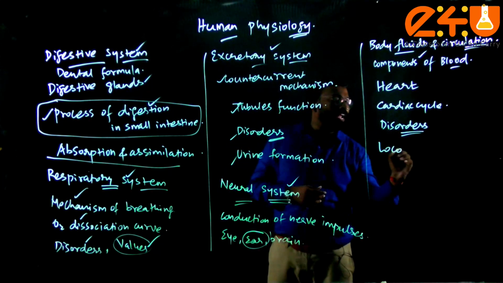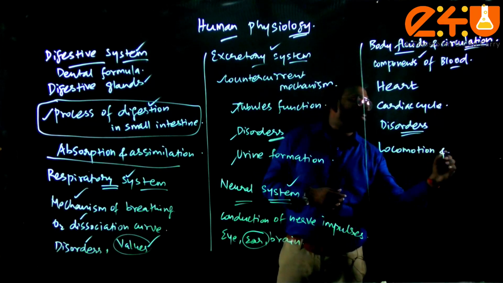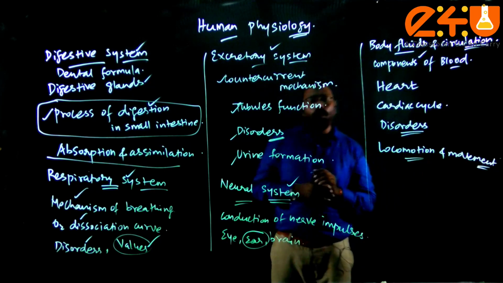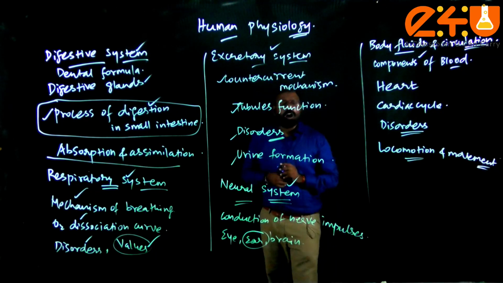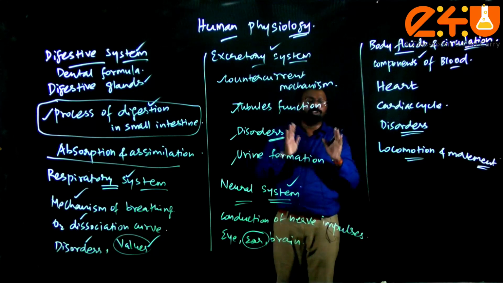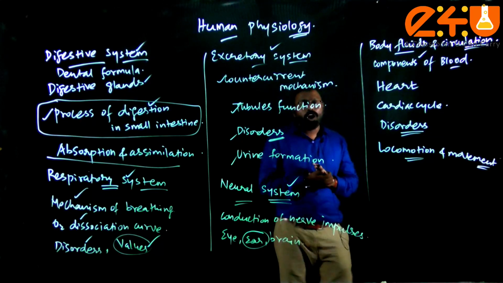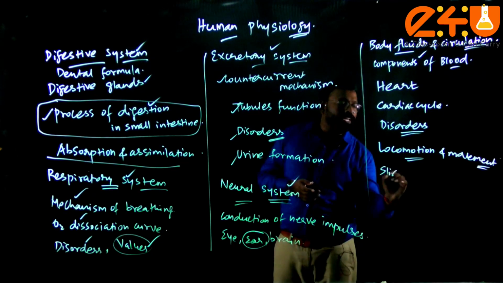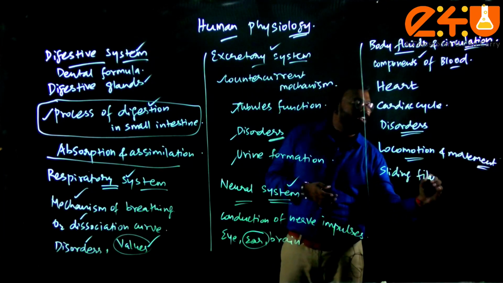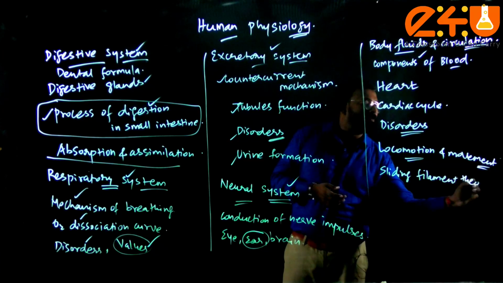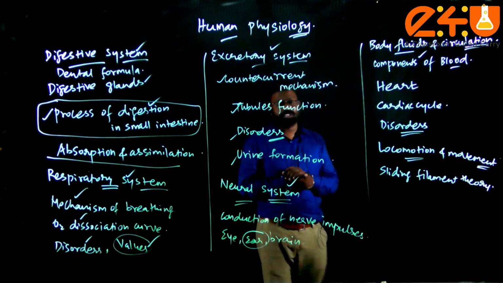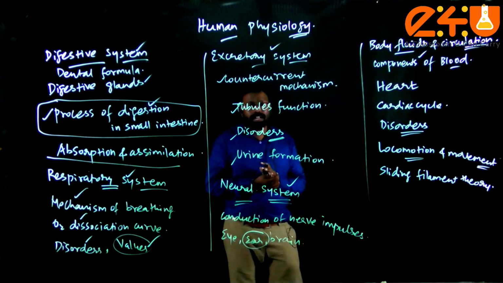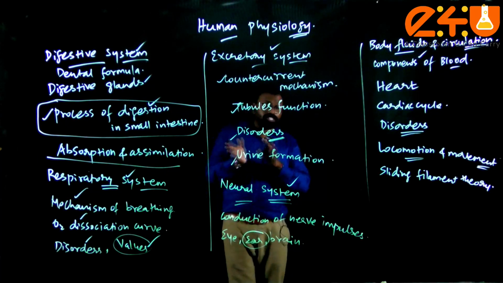Then locomotion and movement. Study this chapter strategically. For the skeletal system, all the bones and nerves, you should be very thorough in all aspects. Then sliding filament theory will make a good impact on your preparation, because it includes many MCQs. It includes diagrammatic presentations, the H-band, and they will particularly talk about the zones.